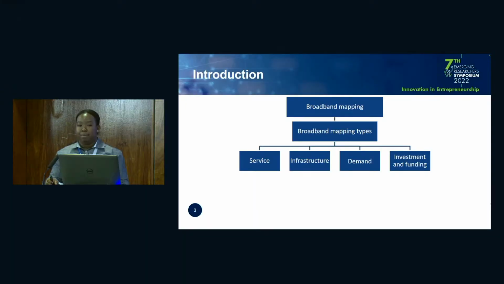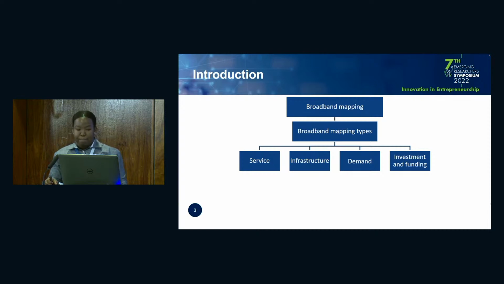Okay, so broadband mapping is when the deployment, coverage, and quality of broadband is collected and presented for a geographical area. There are 4 different types of broadband mapping, which are service mapping, infrastructure mapping, demand mapping, investment and funding mapping.